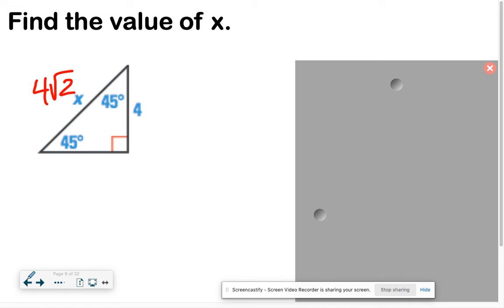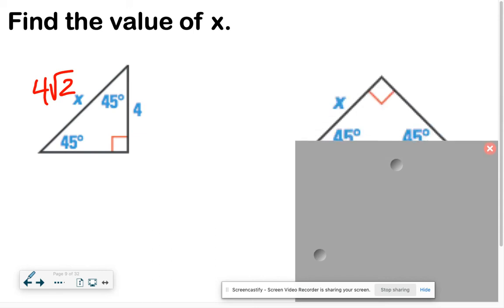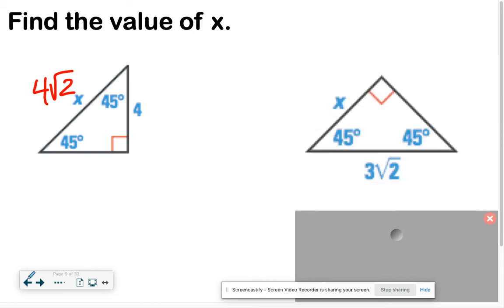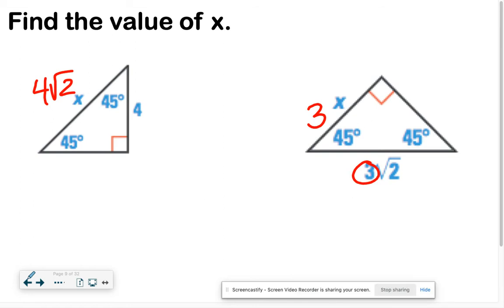Now we're done. 5.6. Okay, what about this one? That's a 3. This is our hypotenuse, so we just take the number out in front. So, 3. Okay, you try the next 2 on your own. They're the exact same, just different numbers.